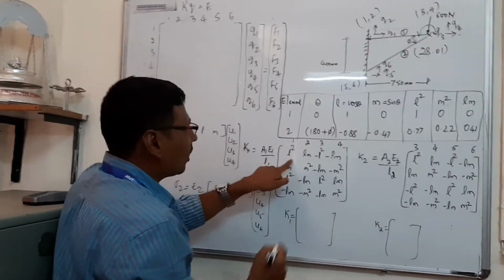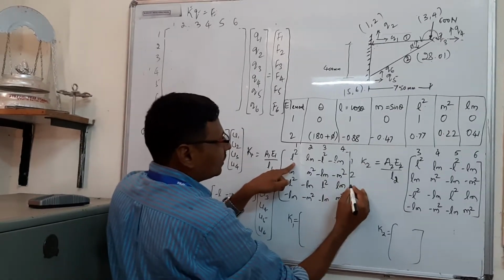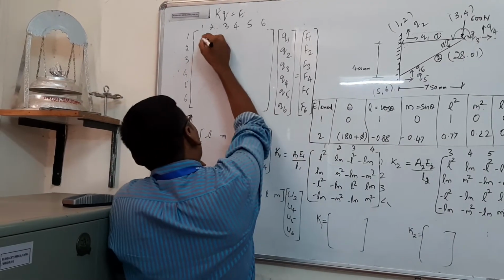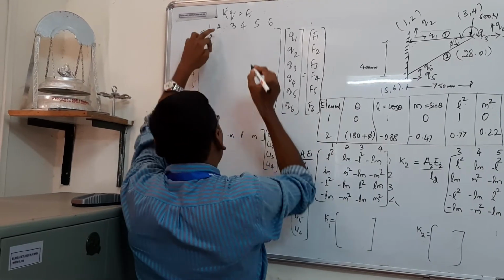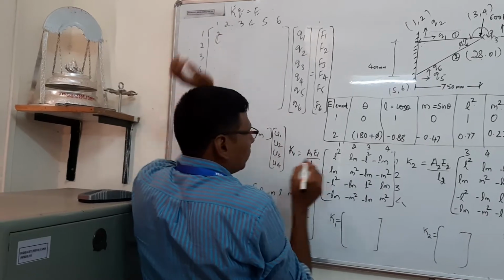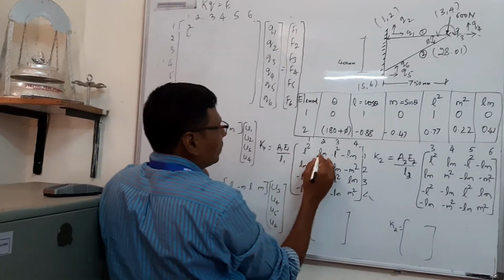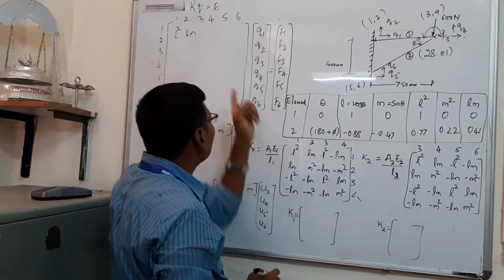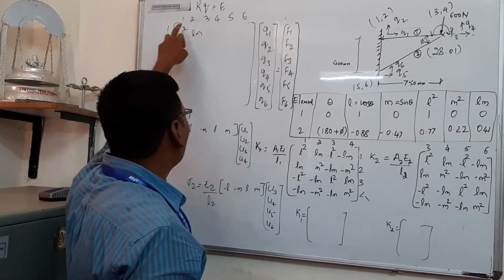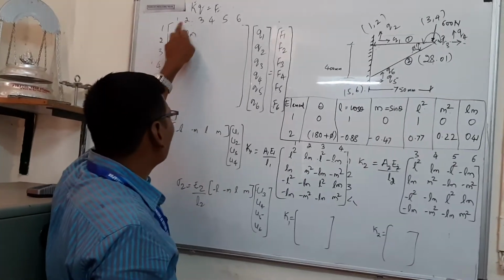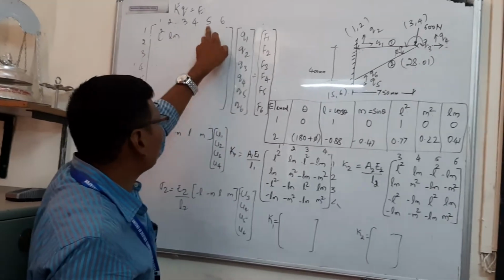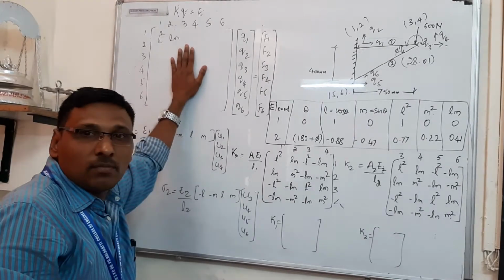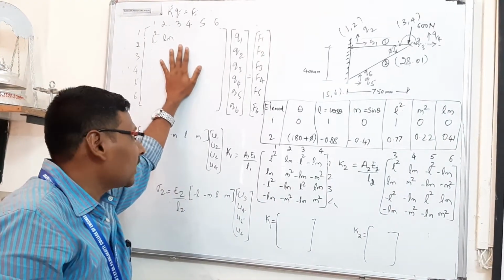Row 1 and column 1 is with respect to this stiffness matrix 1, 1, it will become L square. Then first row, second column, it will become LM. Similarly, by considering each entry 1, 1, then 1, 2, 1, 3, 1, 4, 1, 5 and 1, 6, you need to calculate the stiffness matrix, that is the global stiffness matrix.